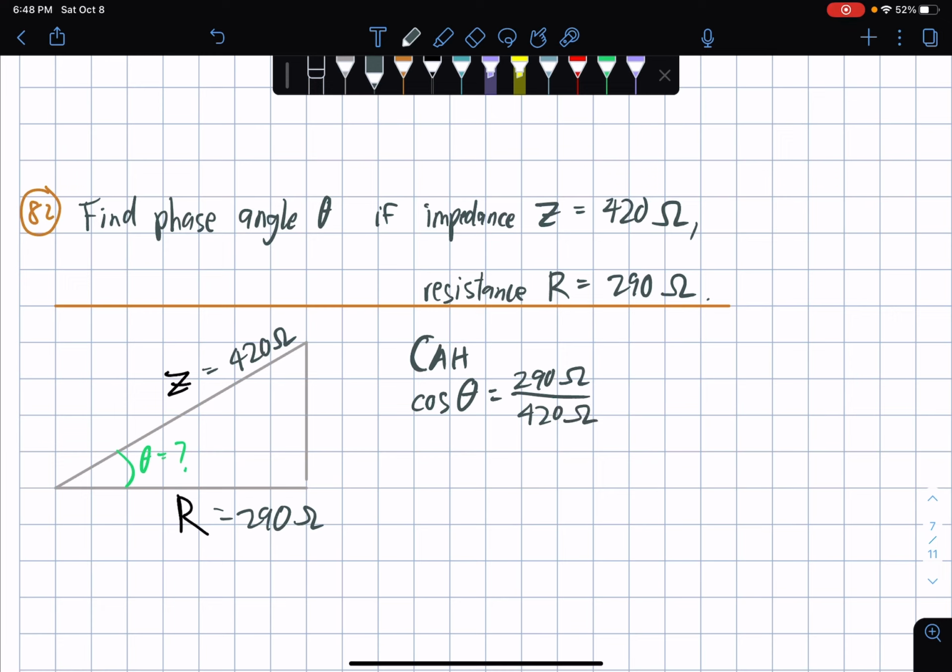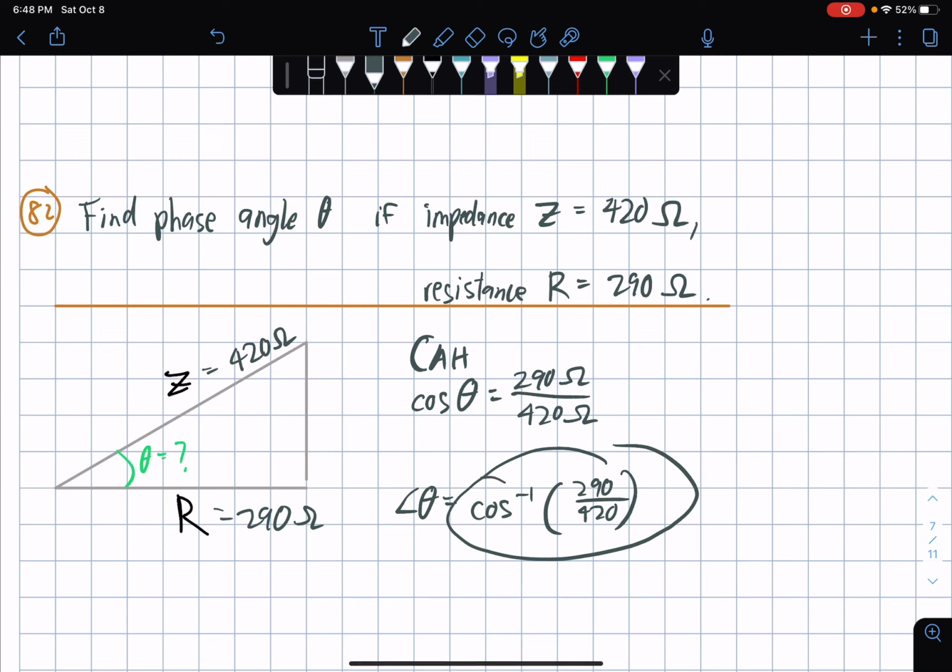We press shift in the calculator, so the angle theta, which is the phase angle, the missing value, is equal to arc cosine, if I'm not mistaken. That's how you call it in English. Arc cosine 290 over 420. Write this in the calculator.